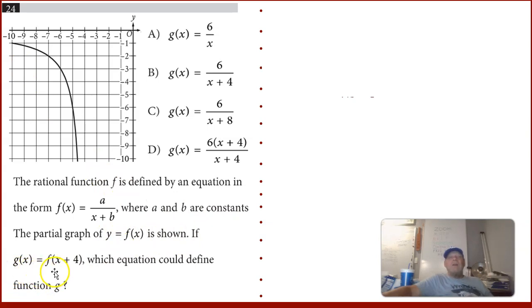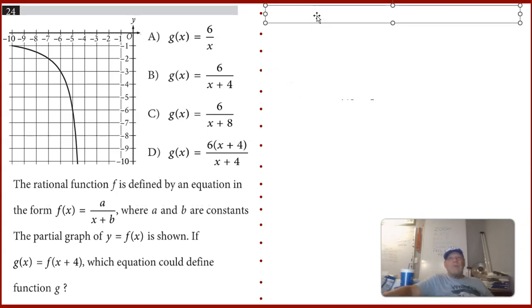If g of x equals f of x plus 4, which equation could define function g? So it takes several steps just to find out what a and b are, and then you have to plug in f of x plus 4 to find g of x. Lots of steps. So let's just get started with it.